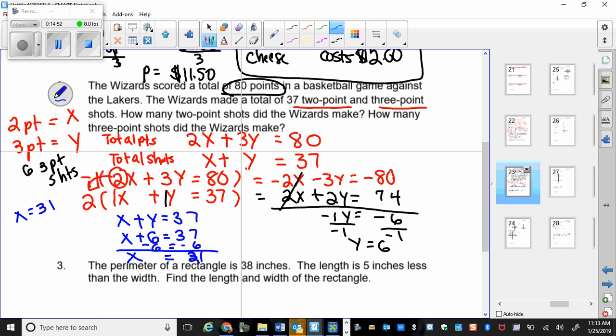If I write the correct answer, it's x comma y maps onto 31 comma 6. Or to be more specific, 2-point shots equals 31, 3-point shots equals 6. And there's my final answer.